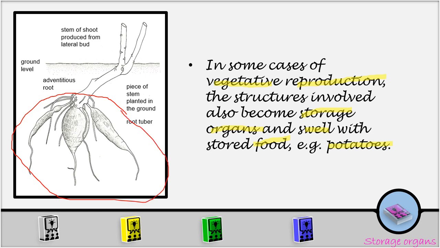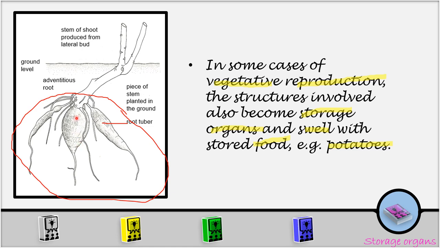These swollen parts were originally roots and they formed the tuber. Now, some parts of the plant became storage organs and they stored food.